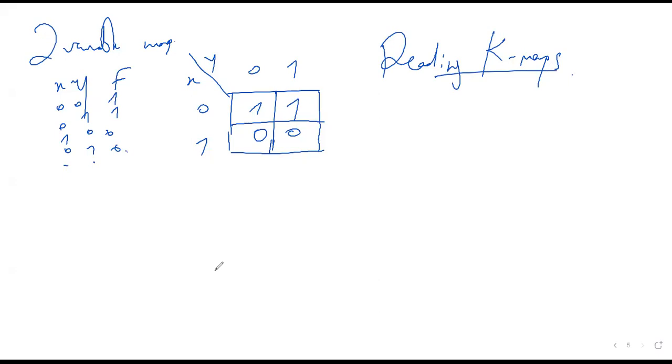The variable which remains constant as 0 along the cell is written as the complemented variable, and the one which remains as 1 is written as the non-complemented form.